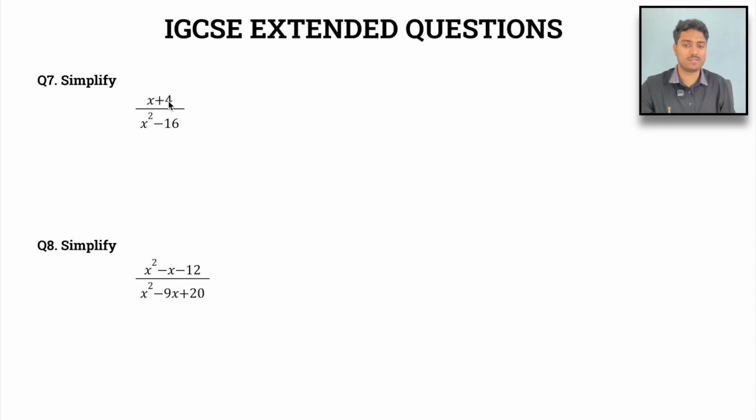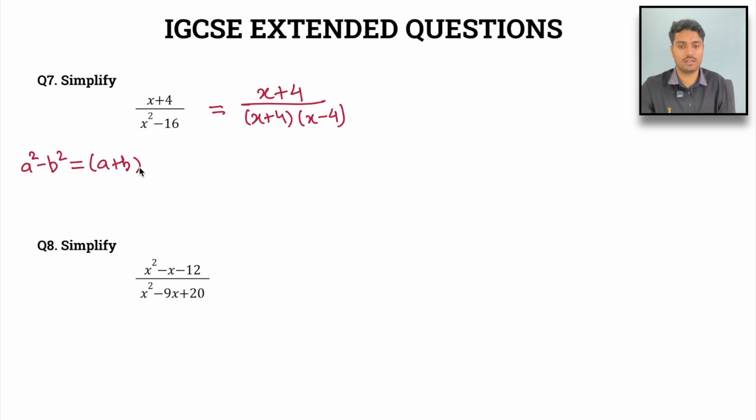So let's check. We have x plus 4 divided by x square minus 16. We can write x plus 4 as it is, and x square minus 16 can be written as x plus 4 times x minus 4. And how is that possible? Because of the difference of squares: a square minus b square is an identity which expands to a plus b and a minus b. This 16 is a perfect square number, actually 16 can be written as 4 square.